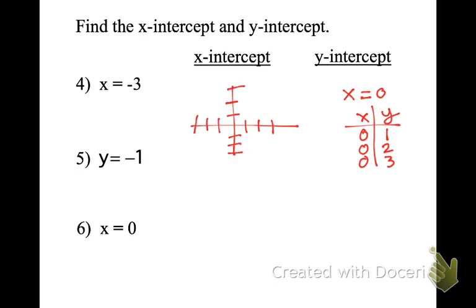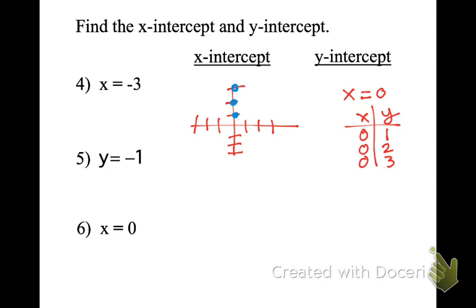And then when I plot the points at 0, 1, 2, 3, what kind of line is this going to be? Vertical.